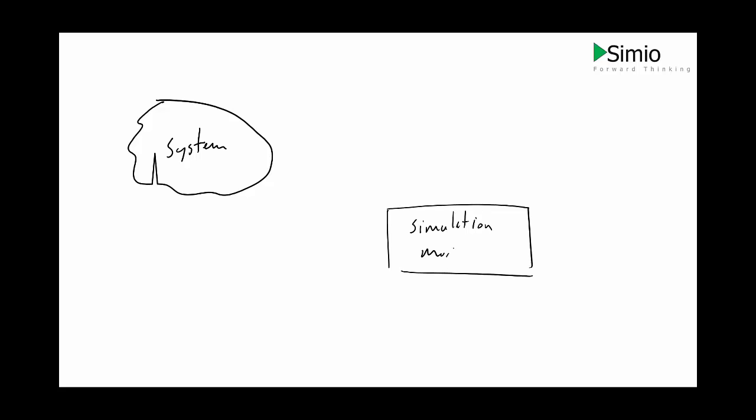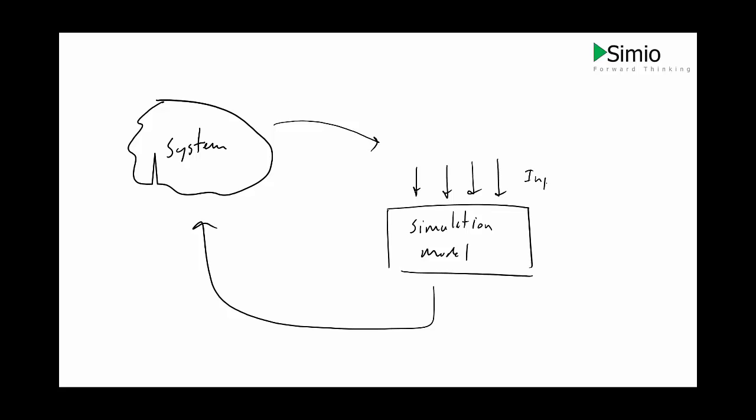The basic idea is that we want to make decisions from our simulation model that would apply to the system that we're modeling. And as we'll see, the simulation model is comprised of a set of inputs in addition to the structure of the model itself, and generates a set of outputs.